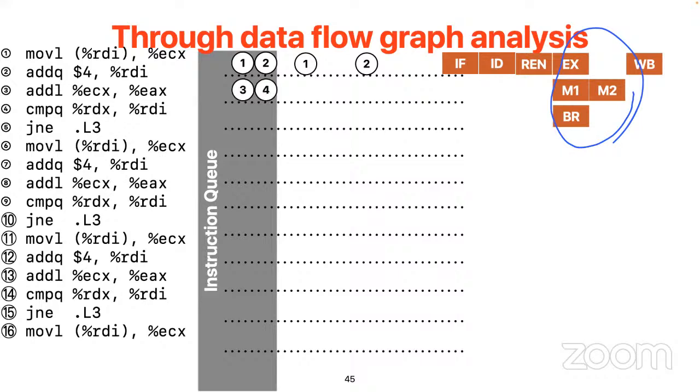Now, the third instruction and the fourth instruction are coming in the next cycle. If you look at their dependency, the third instruction depends on the outcome of the first instruction, which takes 2 cycles. So the third instruction definitely cannot be executed right now. But the fourth instruction only depends on 2, whose result is available at this point. So 4 could be executed right now, but for 3, you have to wait 1 more cycle.